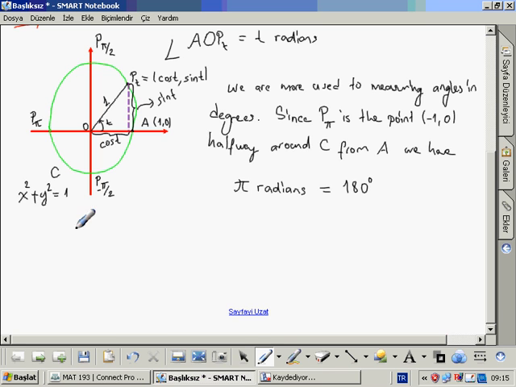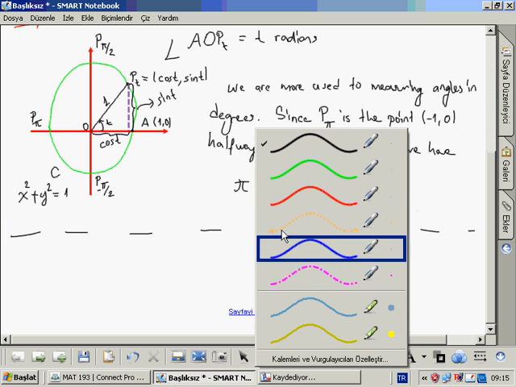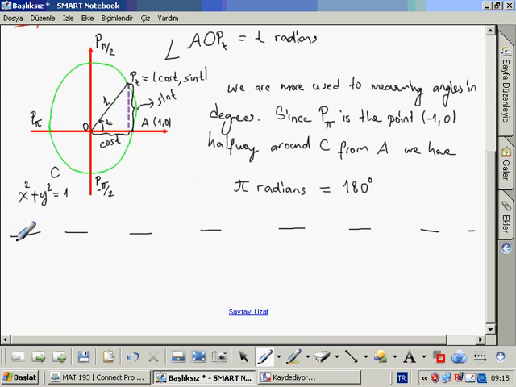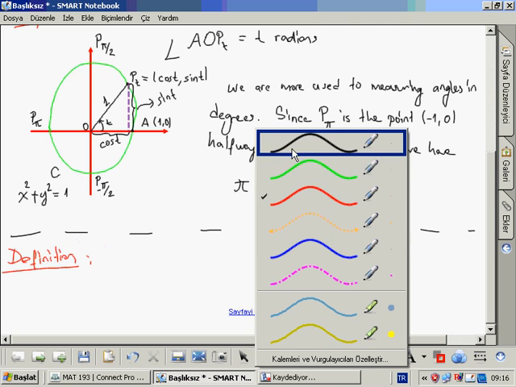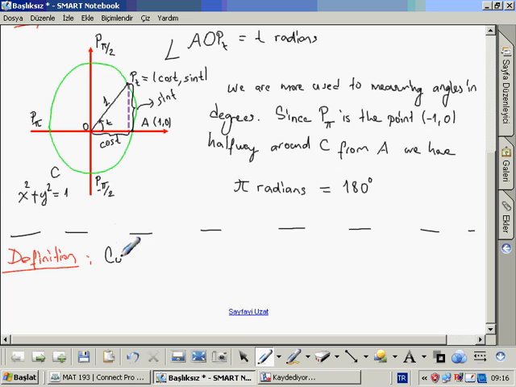And let me define the useful trigonometric functions, which are the sine and cosine functions.